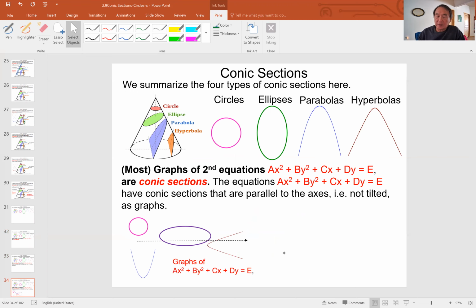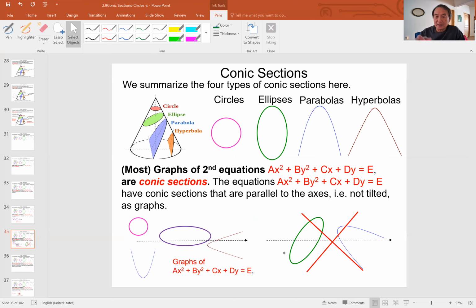And in particular, we are not graphing the tilted versions of this equation. We are graphing the ones that are basically parallel to the axis. Okay. If I throw in the term x times y in here, plus xy, say, then what's happening is we'll be tilting the graphs, but we're not doing that.